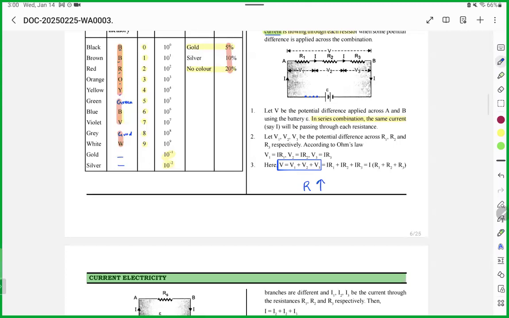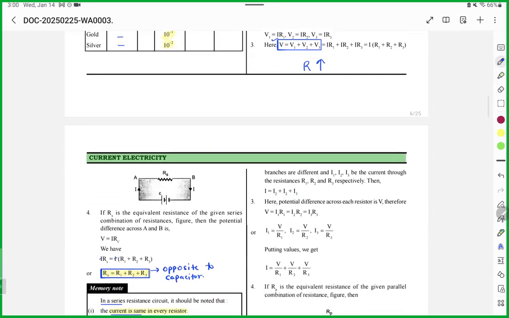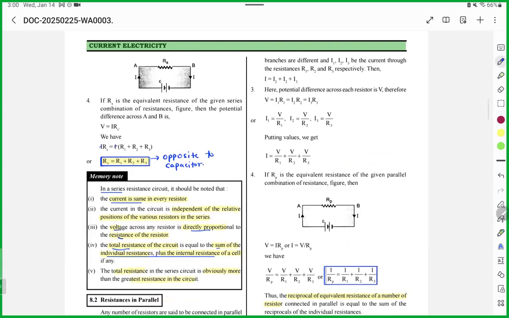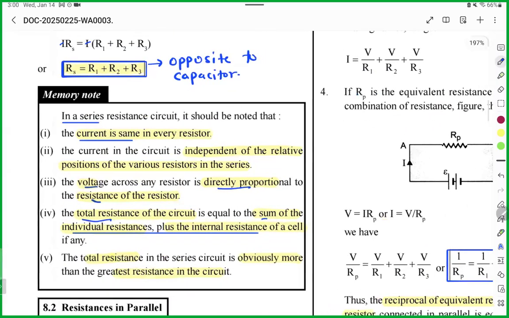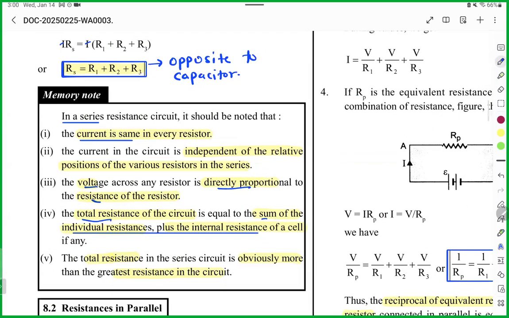So what will you do? First, you know R1, R2, R3. Current will be the same. You will use the potential addition formula, put the value and you will get the answer. These points are important. In case of series, current remains the same. Current in the circuit is independent of the relative position of the various resistors.